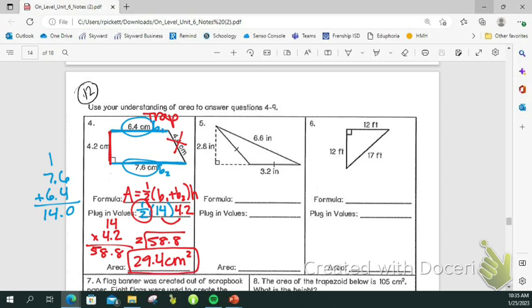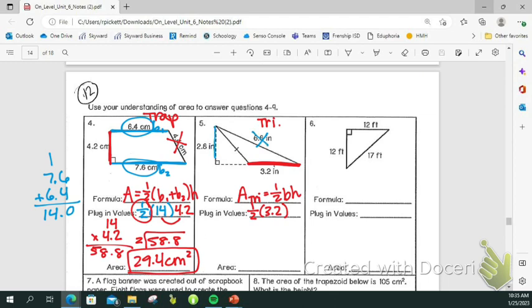Looking at number 5, this one is a triangle. So our formula for area of a triangle is 1/2 base times height, where our base, I'm going to make it this bottom number right here, so 3.2. So if I plug in, I've got 1/2 times 3.2 times the height, which if we look at 6.6, that is on a slanted line. So that's not our height.